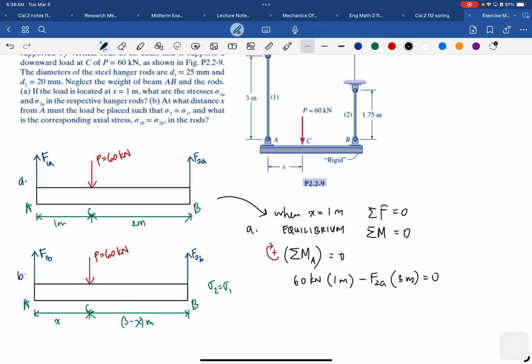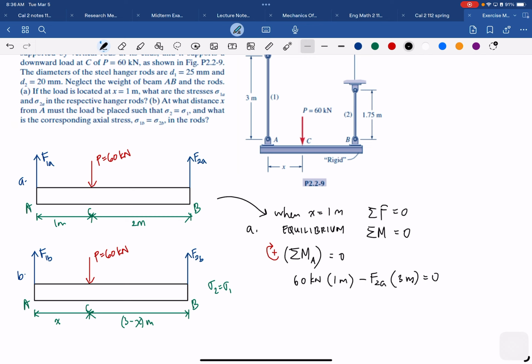So from sigma F equals 0, F1A plus F2A equals 60 kilonewton. So when F2A is 20, then F1A is 60 minus 20, equal 40 kilonewton. Okay? So we get everything here for number A.